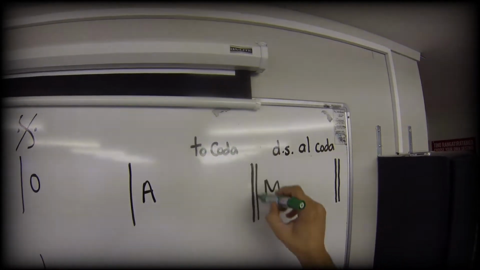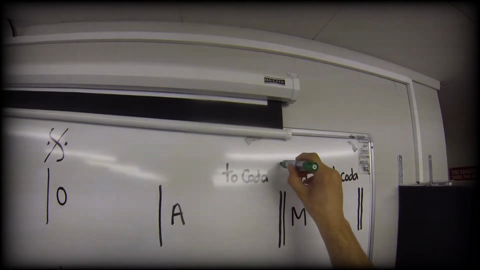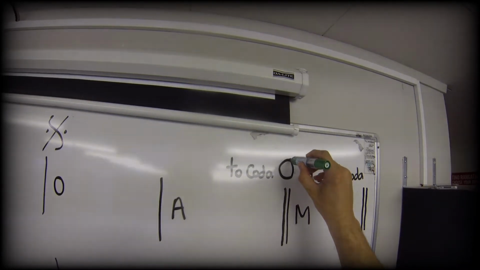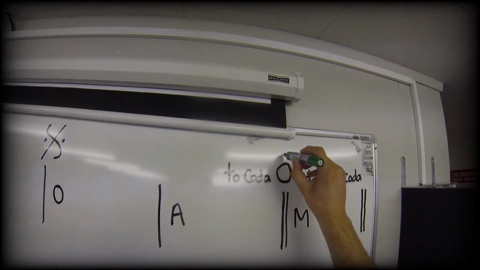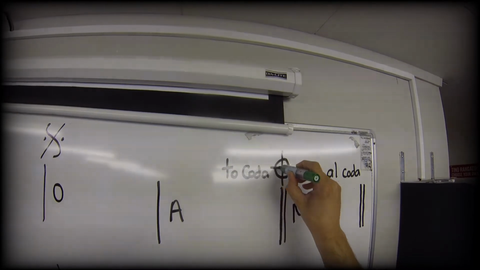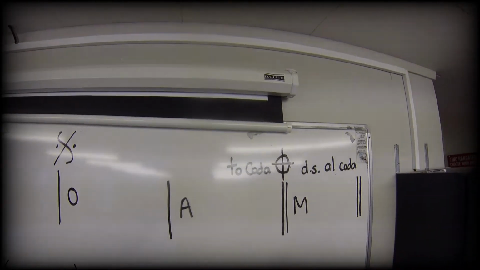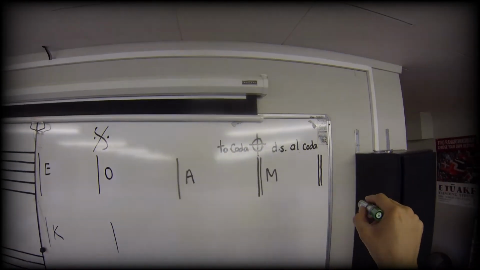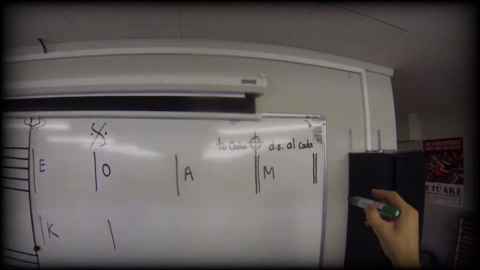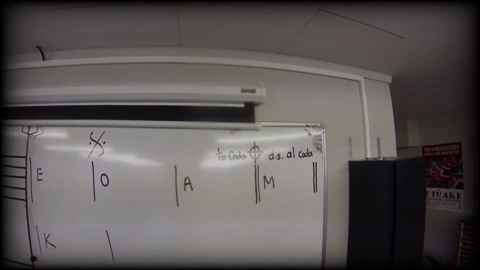And along with this double bar line, a coda symbol is used, and make that just line up with your bar line. So that's a plus sign with a circle.